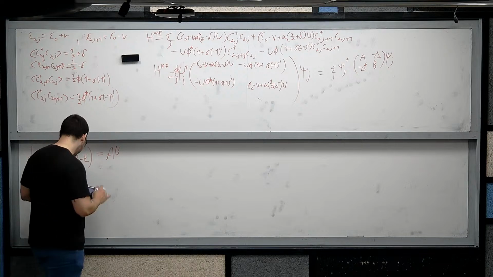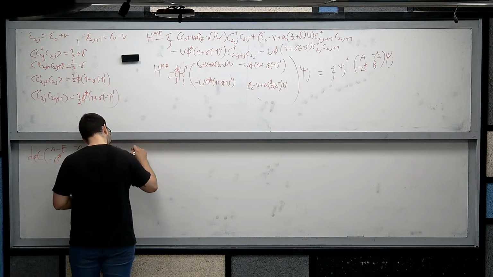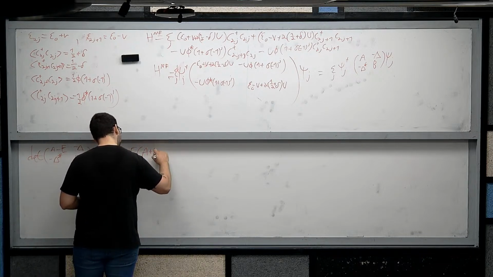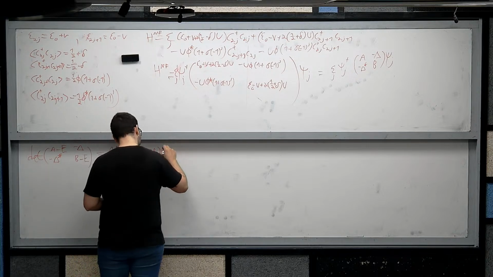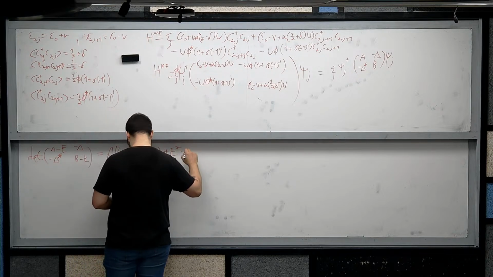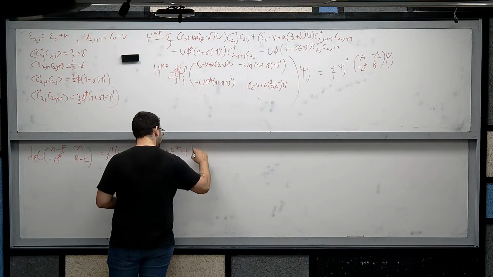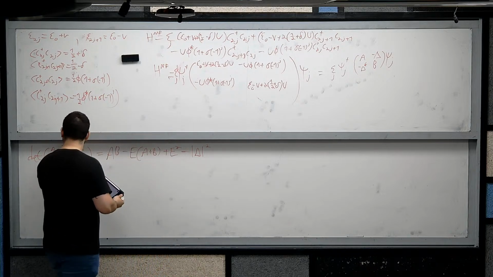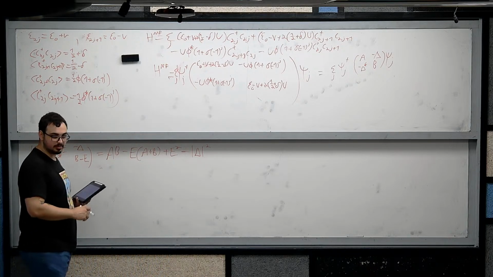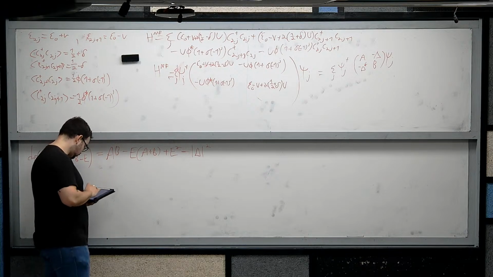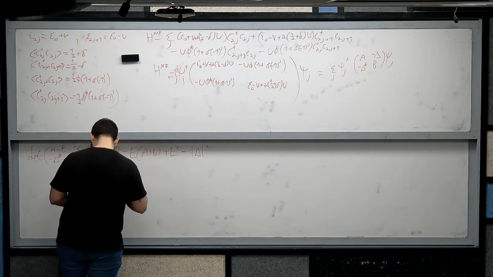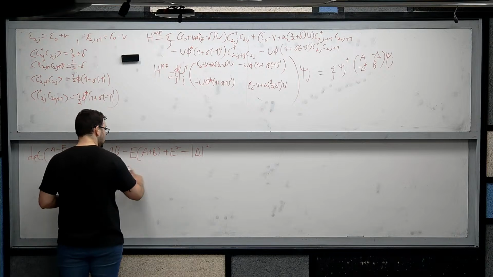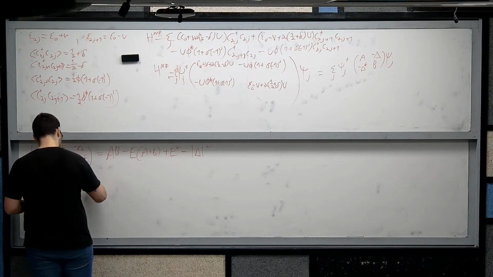I'm going to do it anyway. Okay, minus E plus B, plus E squared, plus... I think there should be a minus here. I'm mistaken in my notes. Next time, yeah, it should be a minus and my notes are wrong. Okay, so this is just a square equation.